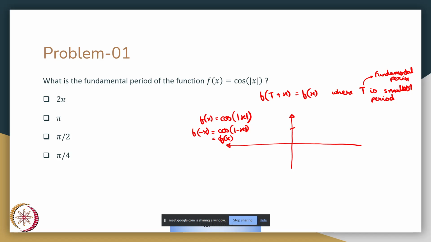So the function f of x that we are given is an even function. This is -1, this is 1. If you are now to plot cos of mod x, start from 1, go to 0, go to -1, again go to 0, again +1, and so on. This is how it will look on the positive x half, and on the negative x axis, we would see the same thing mirrored.